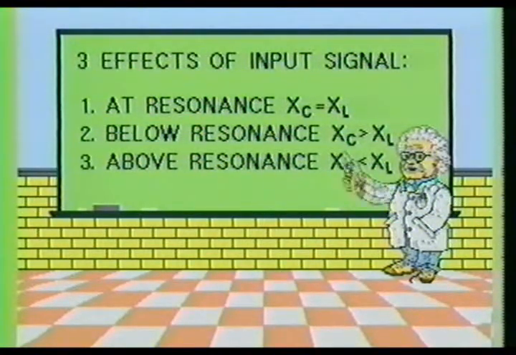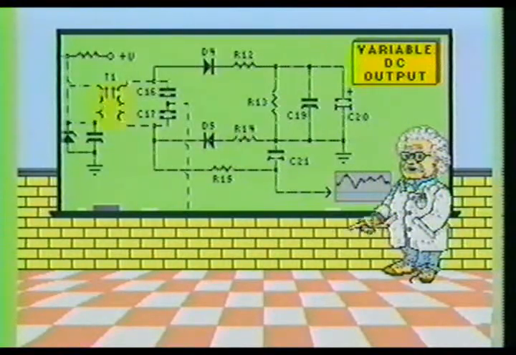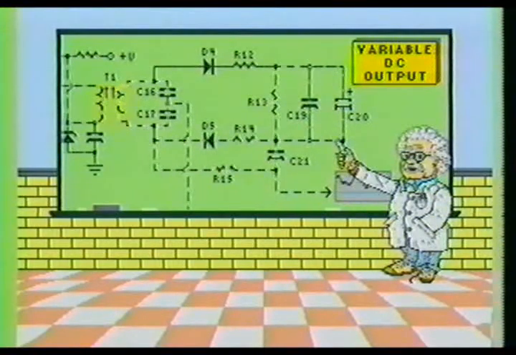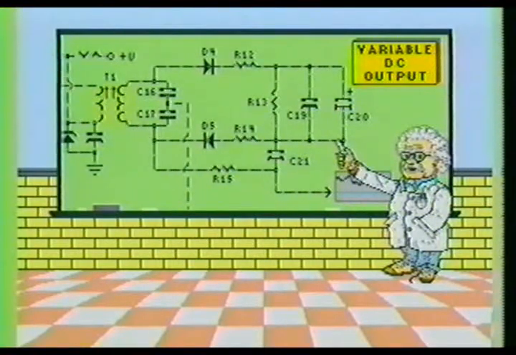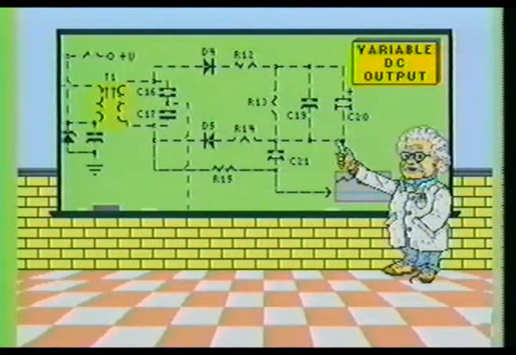And 3. The input signal is above the tuned frequency of the tank circuit. When this occurs, the circuit reacts like a coil and opposes any initial change in current. A low current means a higher than normal voltage for the audio output. The ratio detector outputs a variable DC voltage based on the frequency deviation of the input signal.